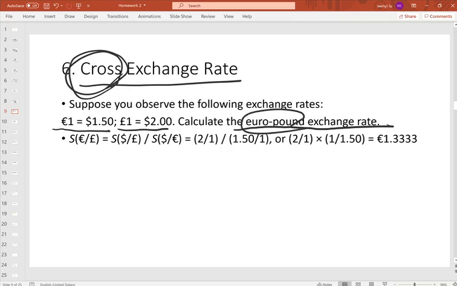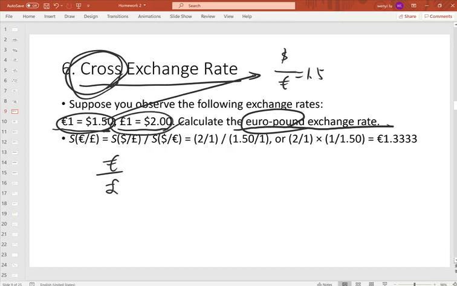What's the euro to pound rate? Euro is this one, the pound is this one, that's our euro to pound rate. And our given quotes: this one is for 1 euro equal to how many dollars? Equal to 1.5. And this one is for 1 pound equal to how many dollars? It will be 2.